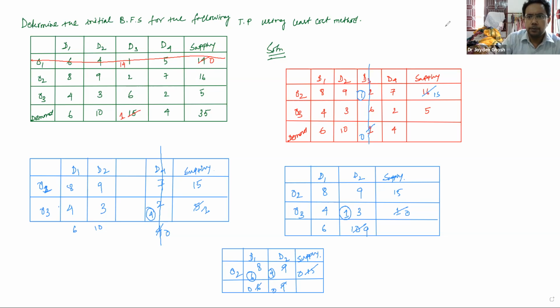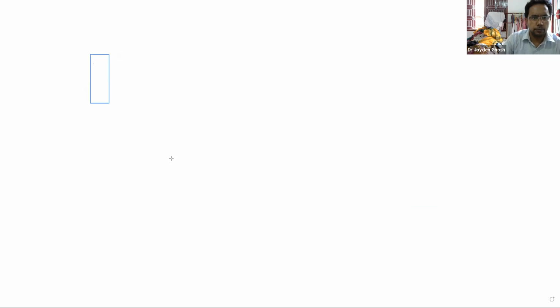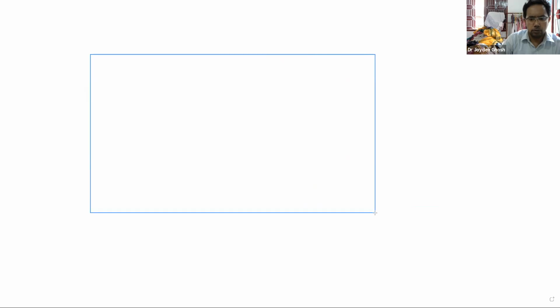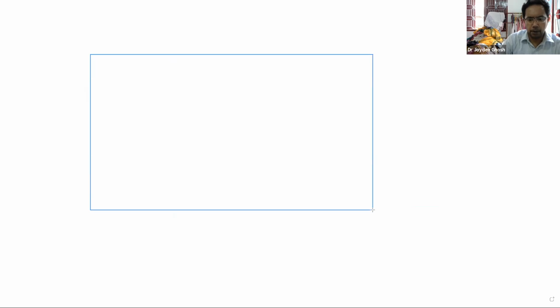transportation problem. Okay, so the final solution of the transportation problem is made this way right now. So this is our table.